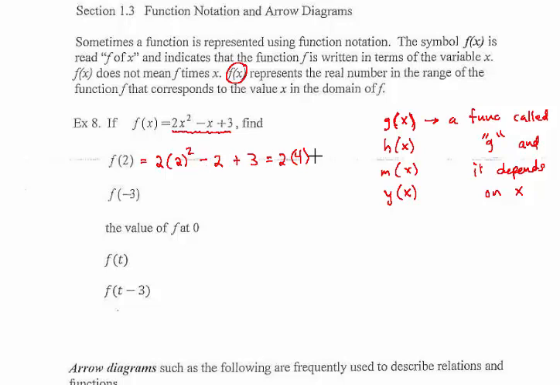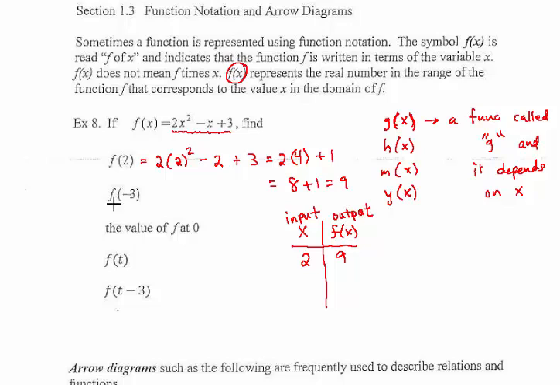Negative 2 and 3 will give us a plus 1. 2 times 4 is 8, plus 1 would give us 9. So, in the case of this function notation here, we could write x is the input, and f of x is the output. Okay, so when x is 2, our output f of x equals 9.